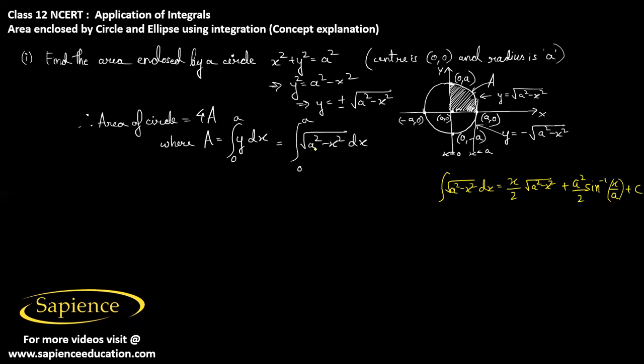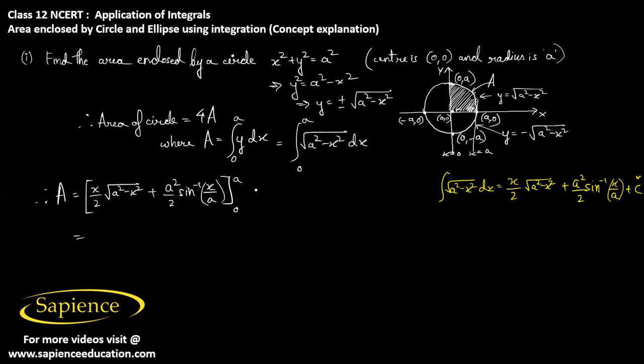Since it is a definite integral and the limits are given, this constant of integration will not be used here. Therefore the area A will be equal to x by 2 square root of a square minus x square, plus a square by 2 sine inverse x by a, taken from 0 to a.